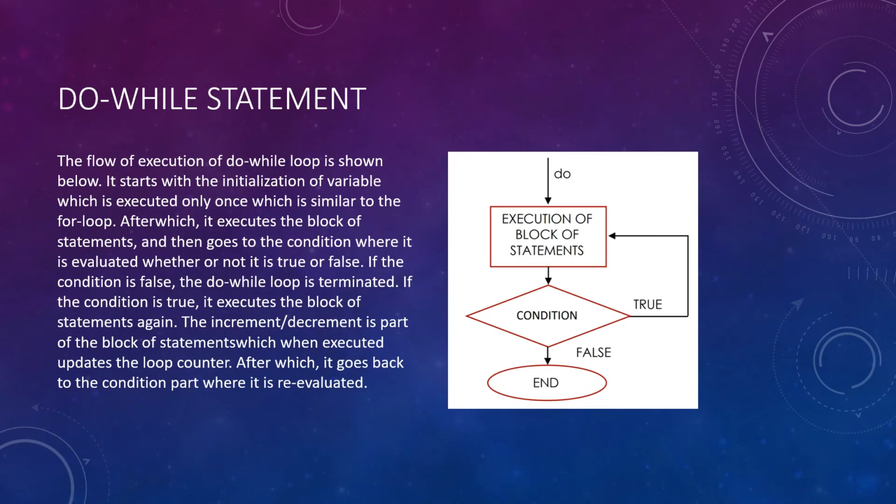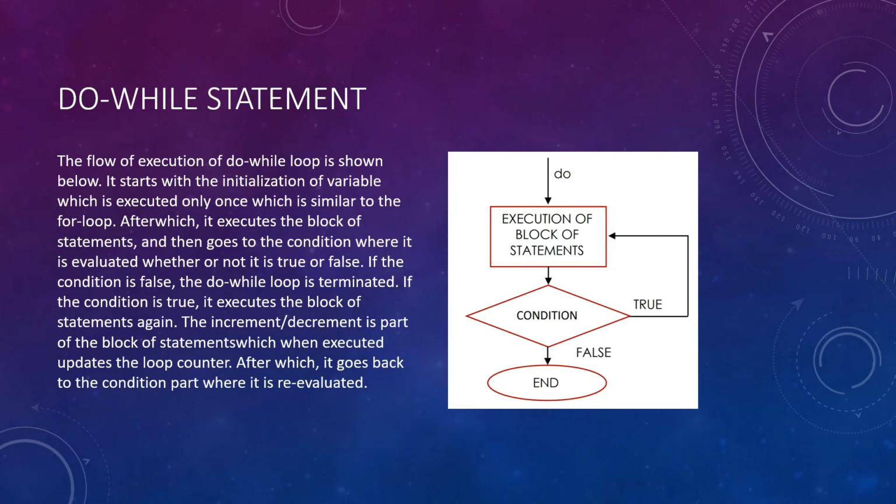The flow of execution of the do-while loop is shown below. On the right side, it starts with the initialization of the variable, which is executed only once, similar to the for loop, after which it executes the block of statements and then goes to the condition where it is evaluated whether it is true or false.